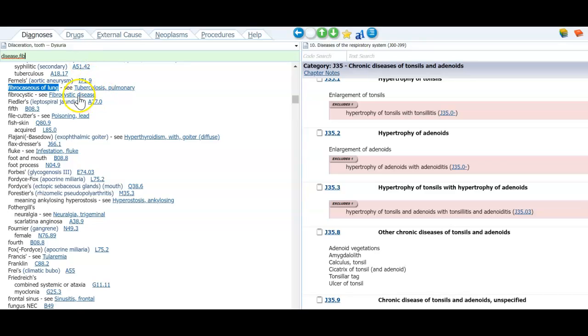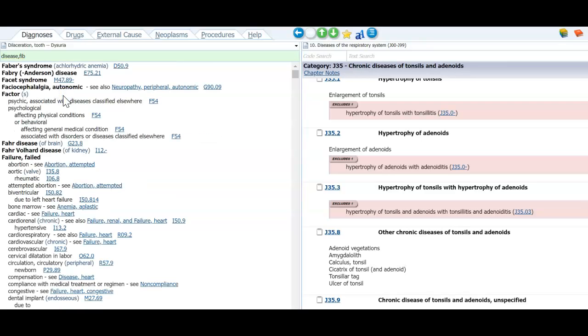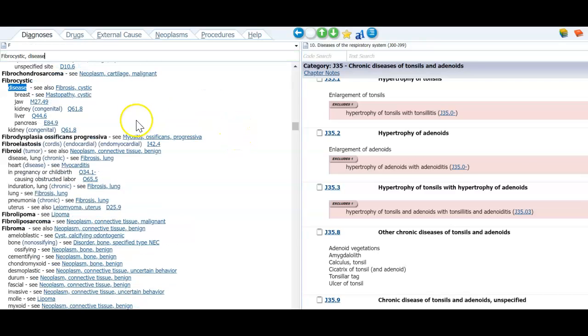Okay, so then I have fibrocystic disease or fibrocystic. So it tells us to go right to fibrocystic disease. Okay, so once I'm there, I have disease, and we know it's of the breast. Now it's telling me to look up mastopathy, cystic.